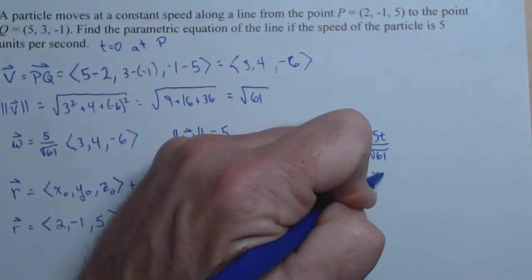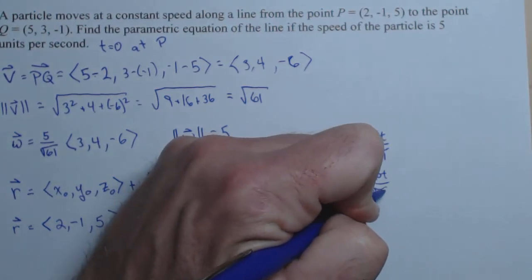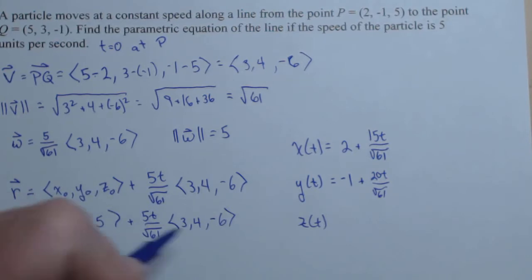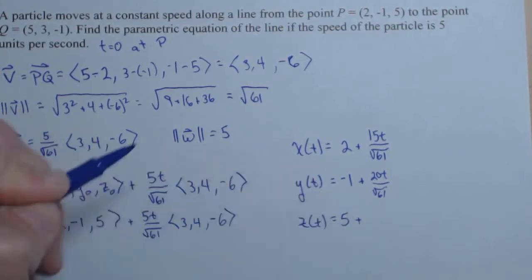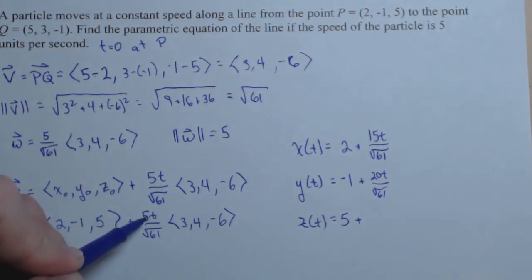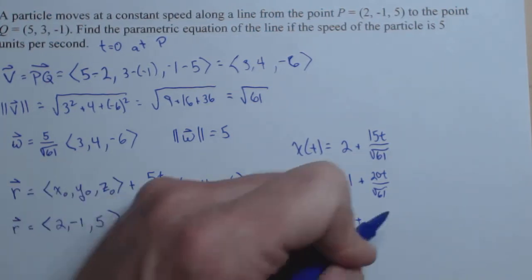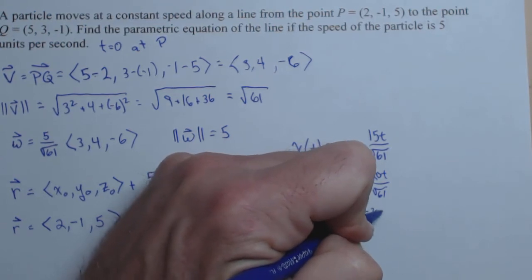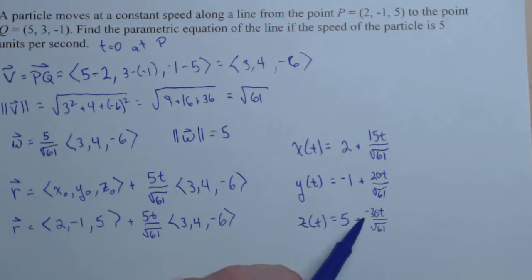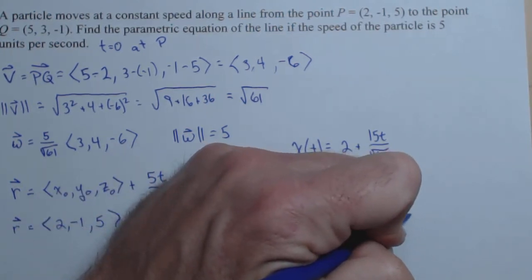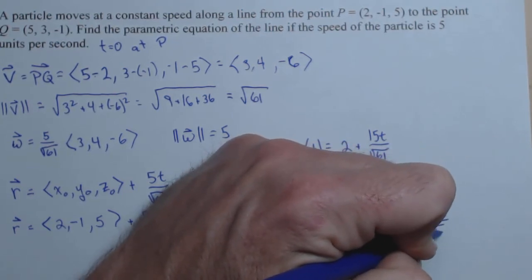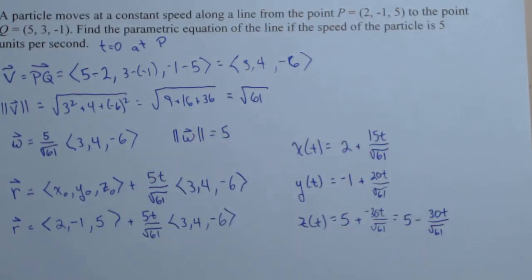So we're going to have 20t over square root of 61. And finally, we've got z of t, which is starting at 5. And going to end at negative 6 times 5, which is negative 30t over square root of 61. And if we wanted, we could have just made it 5 minus. So let's just do that. 5 minus 30t over square root of 61.